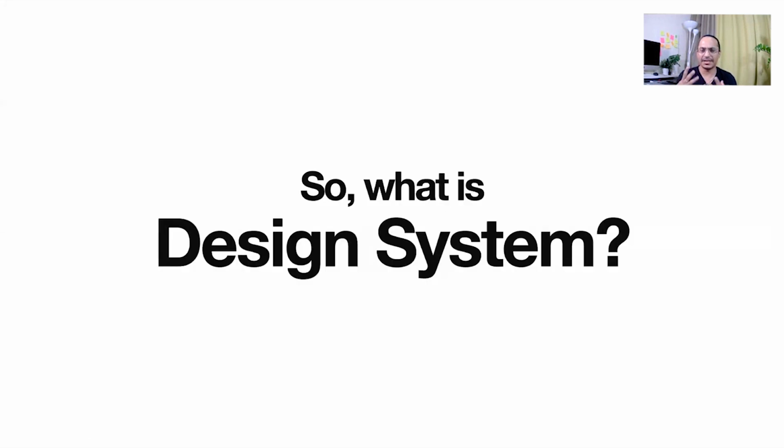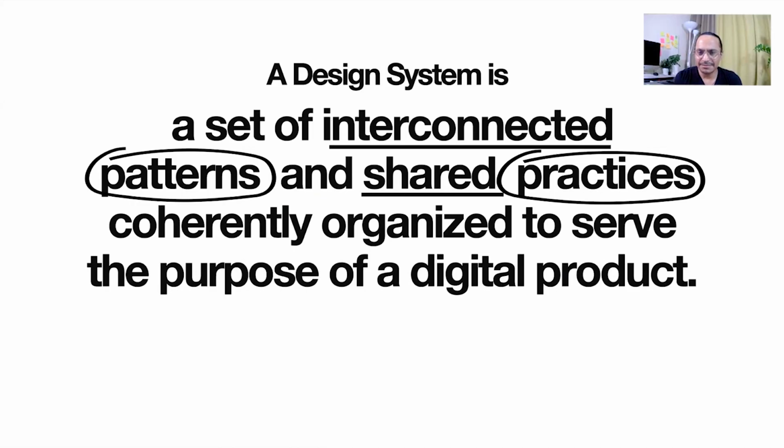Now let's understand what a design system is and what makes it up. A design system is a set of interconnected patterns and shared practices, coherently organized to serve the purpose of a digital product. Patterns could be in the form of lines, shapes, content, and color.